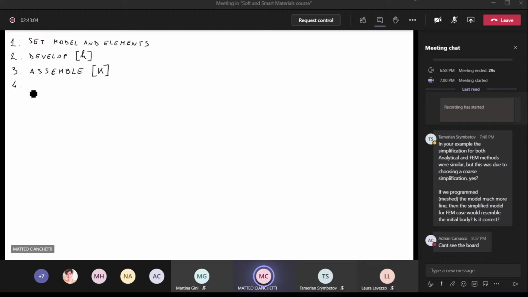Then we have to define and apply correctly all the loads at nodes. Then we need to apply all the boundary conditions. When I write BC, it is boundary conditions. This is an acronym that I will use a lot.